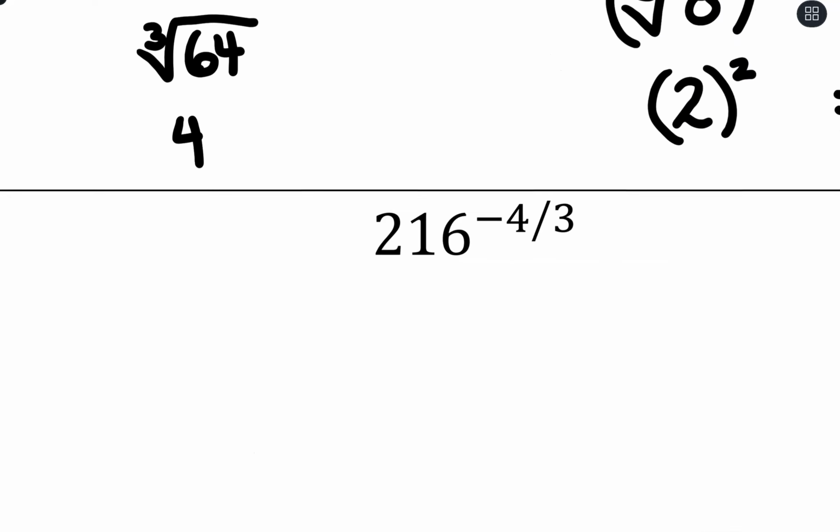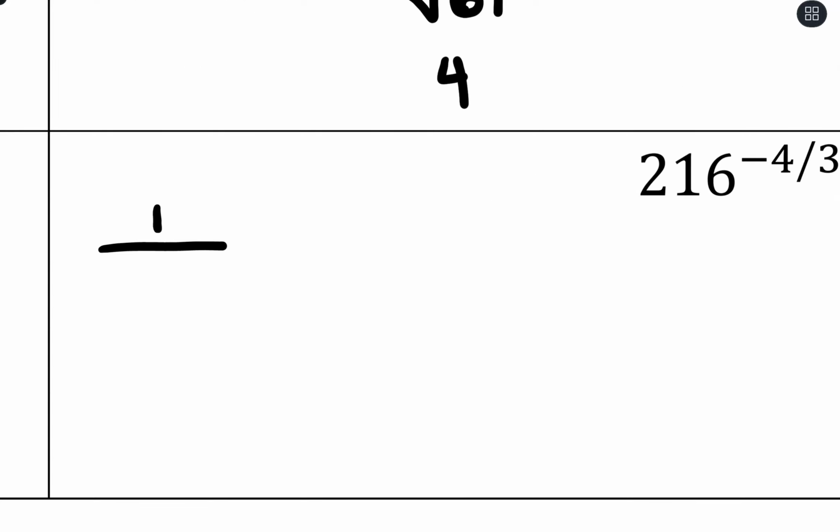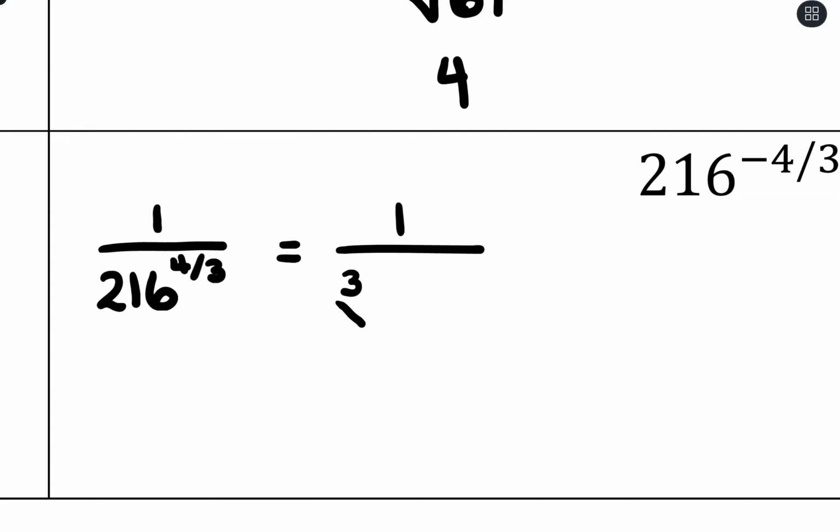Let's do another one here. So, move to the denominator. So we'll have 1 over 216 to the positive 4/3 power. I'm going to see if I can take the cube root first of 216 to make the value a bit smaller, and then raise it to the 4th power.